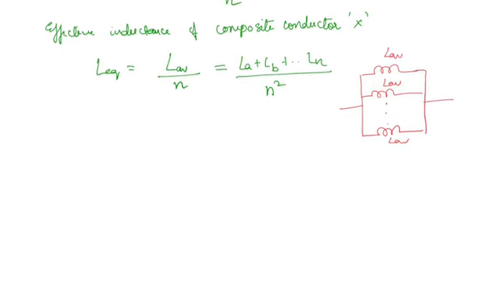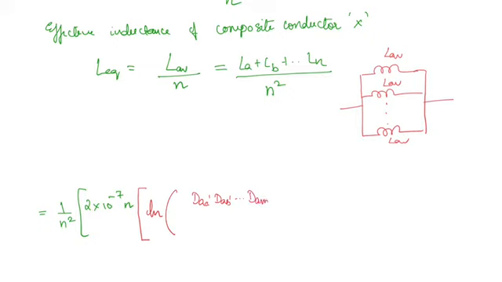So here we can write 1 by n square, LA, LB and all these values, if you add, you are going to get one common factor, 2 into 10 to the power minus 7 n. And the other terms are the addition of logarithms. If you want to write under one logarithm, all of them will be multiplied. So here ln, in the numerator you are going to get daa dash, dab dash, so on till dam dash.